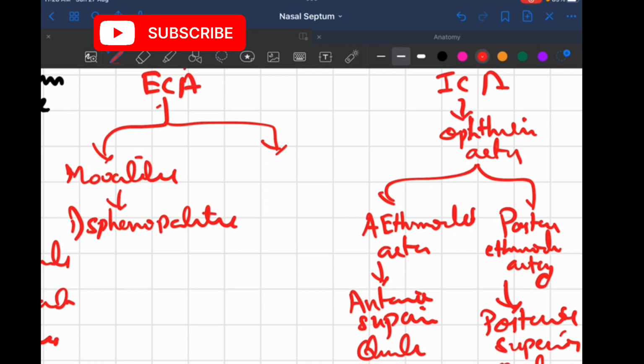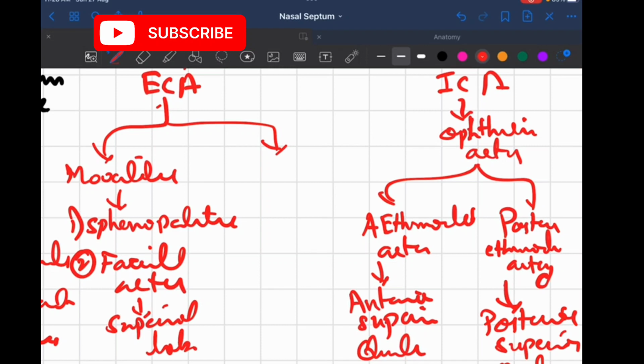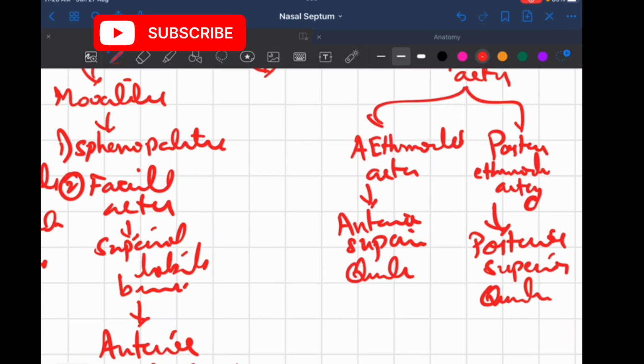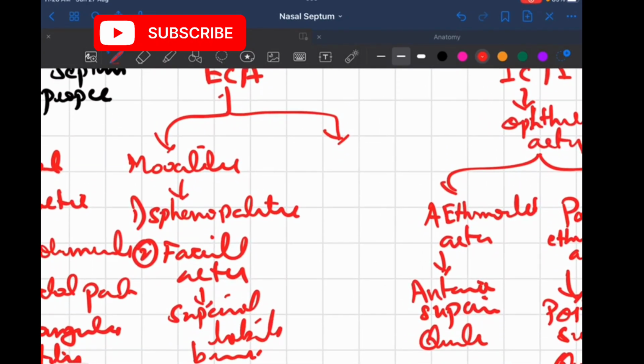Next is the facial artery. In this, the superior labial branch supplies the antero-inferior quadrant.